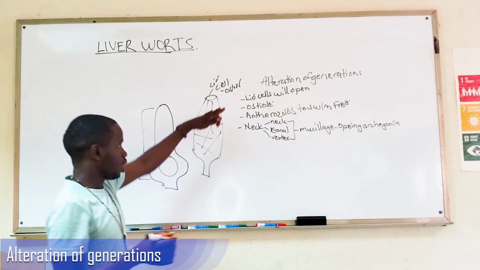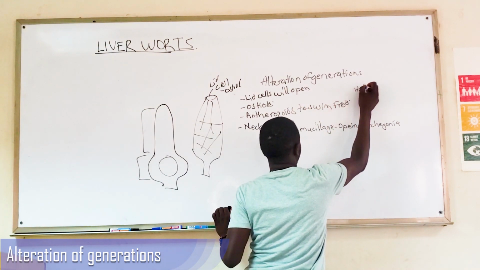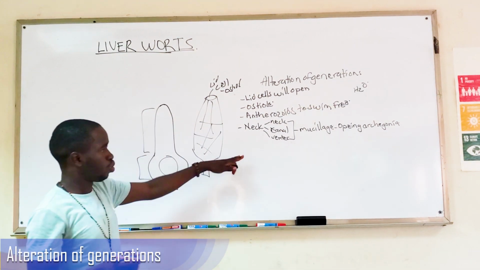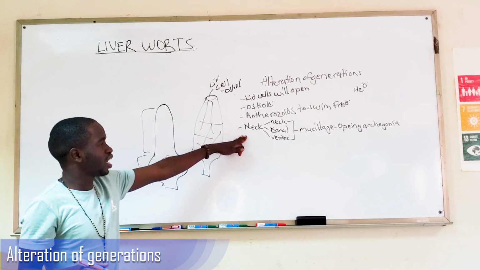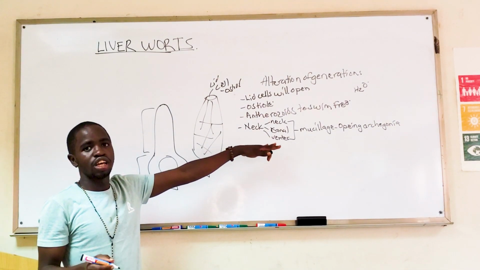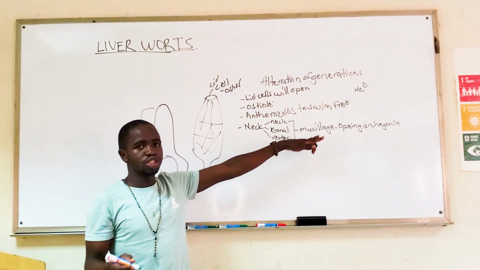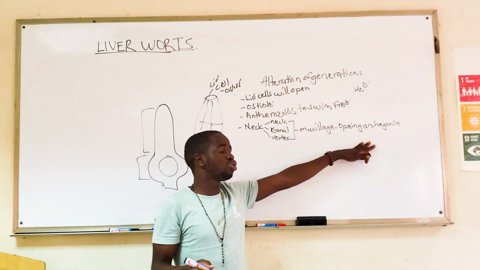But for all this to happen, it must be in the presence of water. So the neck canal cells, the neck cells, the venter canal cells and the venter cells shall disintegrate in the presence of water and form mucilage, which will force the archegonia to open.